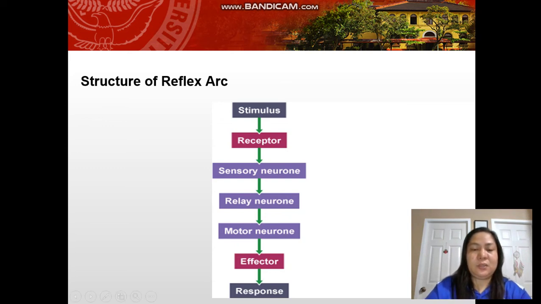The second to the last is the effector. Si motor neuron gagamit siya ng effector, the motor neuron will activate the effector. Ang effector is the part of the body that carries out the last step in the reflex arc, which is the response. Effectors are in the muscles or glands.